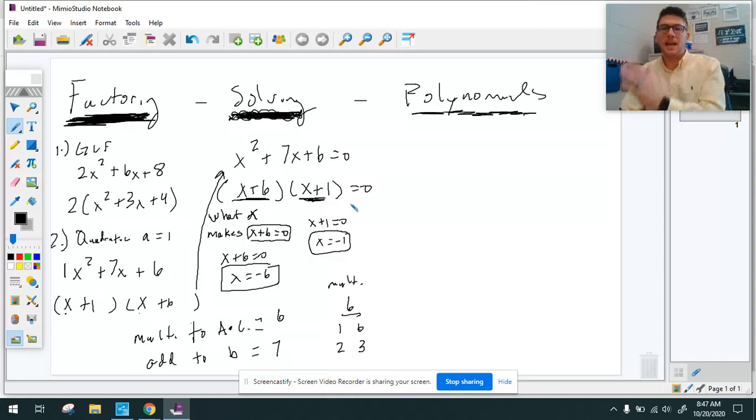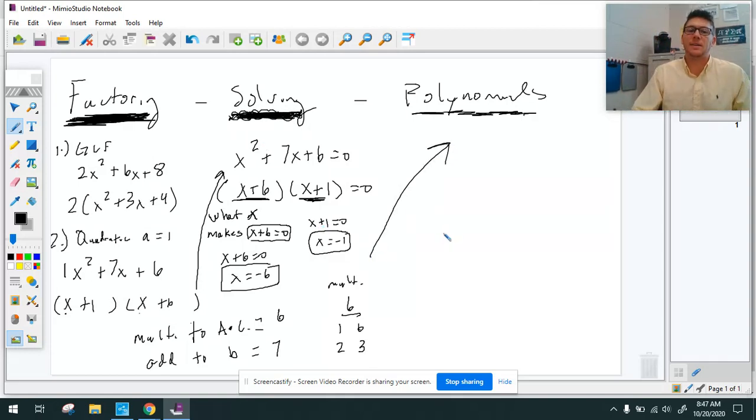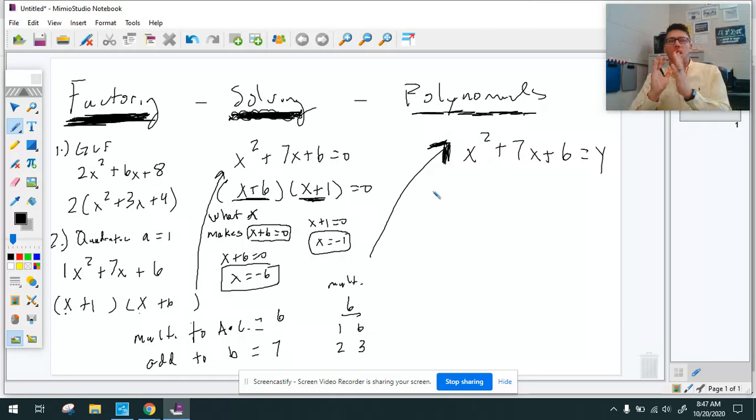And then the final tie-in here, real quick, is the idea of what did we just find? Okay, let's say we actually had this, x squared plus 7x plus 6 equals y, y equals, okay? Let's say we have that as our function. Now, if you have a y equals equation, that means you've got x's, you've got y's, you've got points, you can plot points and sketch a graph.